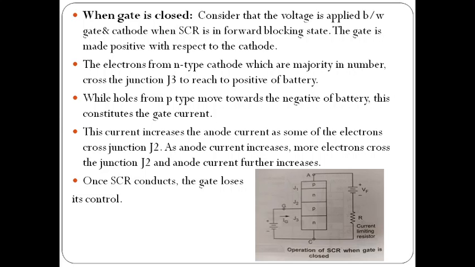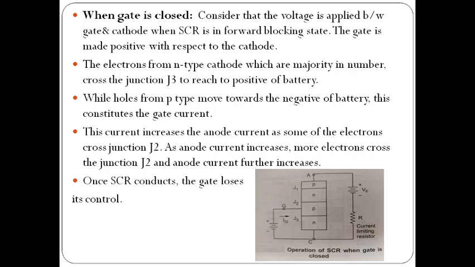This constitutes the gate current. Electrons are moving towards the gate and anode, and the holes are moving from the anode and gate towards the cathode. So it constitutes the gate current. This increases the anode current as some of the electrons cross the junction J2.